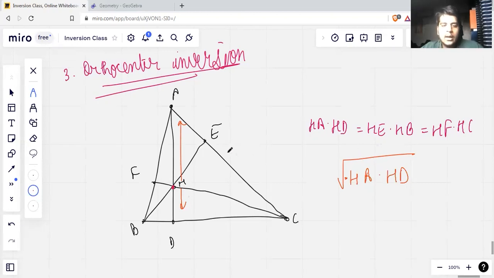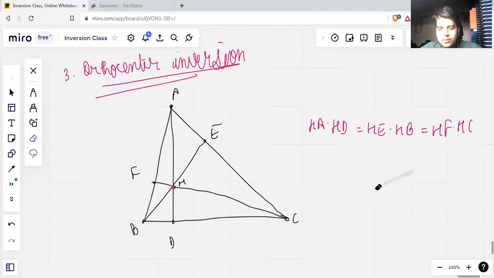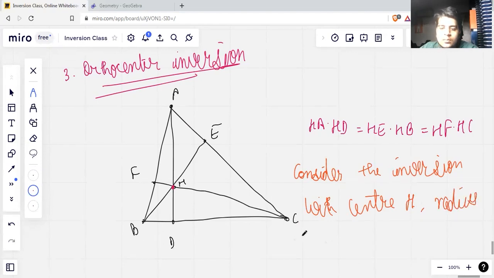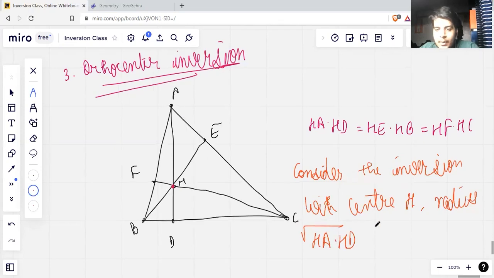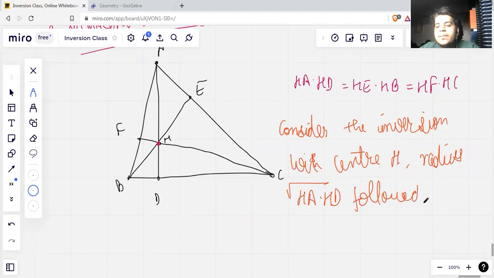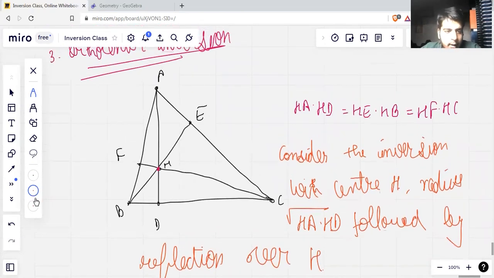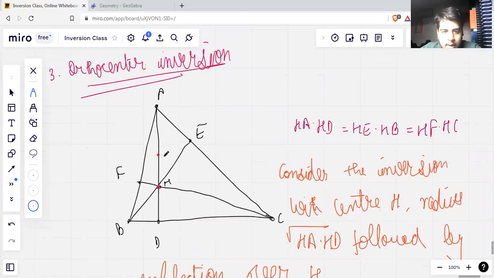Another way to think about this is to consider the inversion with center H and radius root HA into HB, followed by reflection over H. What it does is it will send A to a point, let's call that A dash, then HA dash into HA should be equal to HA into HD, which means HA dash equals HD.